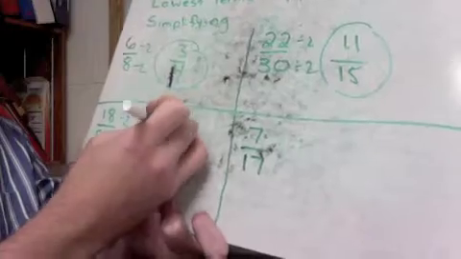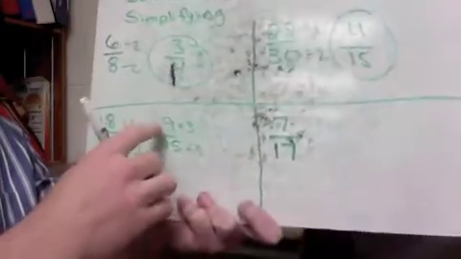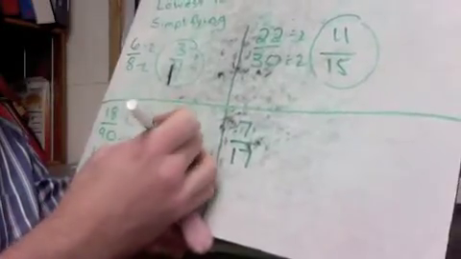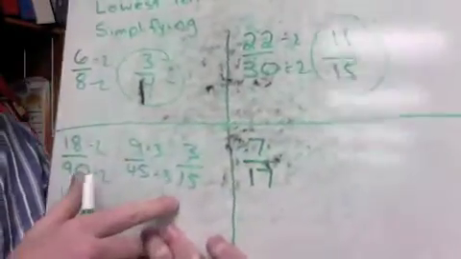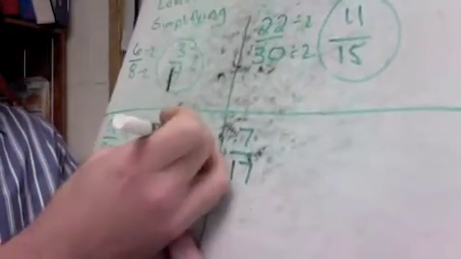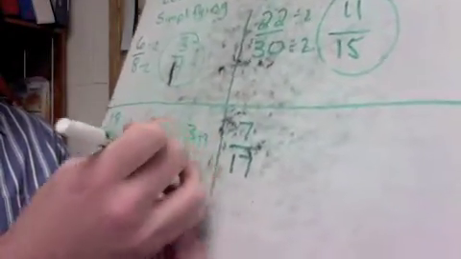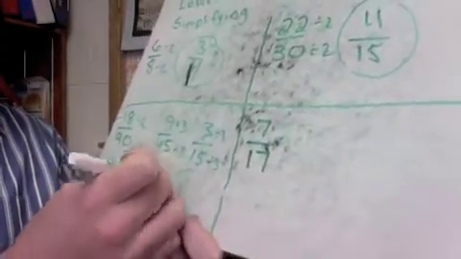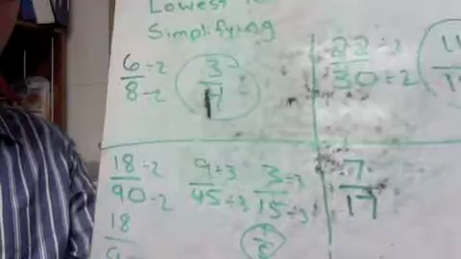So if I divide this by 3 and divide this by 3, 9 divided by 3 is 3, 45 divided by 3 is 15. Looks like I still have one more step to go because I can put 3 into both of these equally. Divide by 3, divide by 3. 3 divided by 3 is 1, 15 divided by 3 is 5, 1/5.